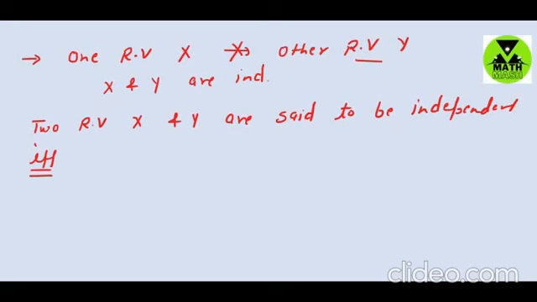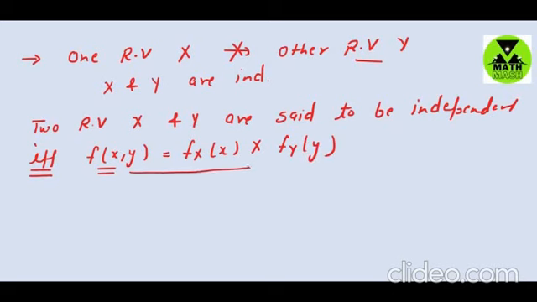That means this is the necessary and sufficient condition. That is, the joint distribution, f of x comma y, this is the joint distribution of x and y, if it is equal to the product of the marginal densities, fx of x into fy of y, then we say that the two random variables are independent.